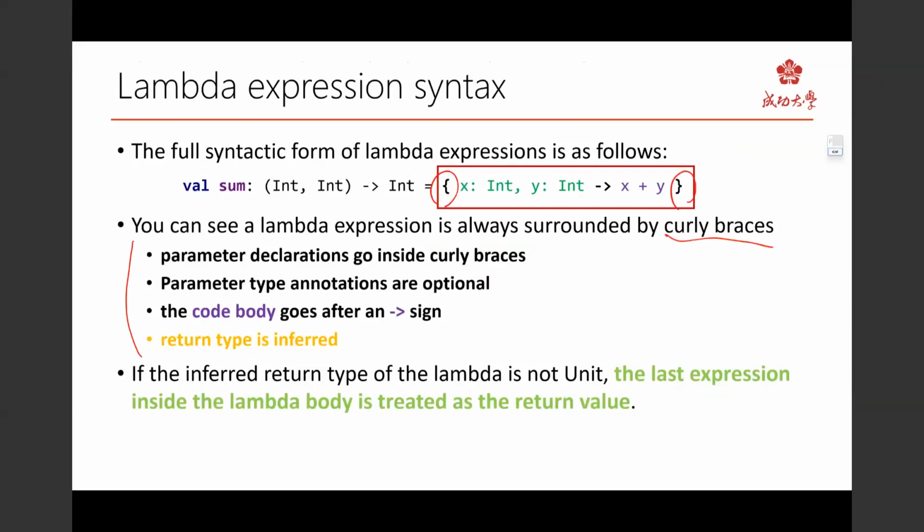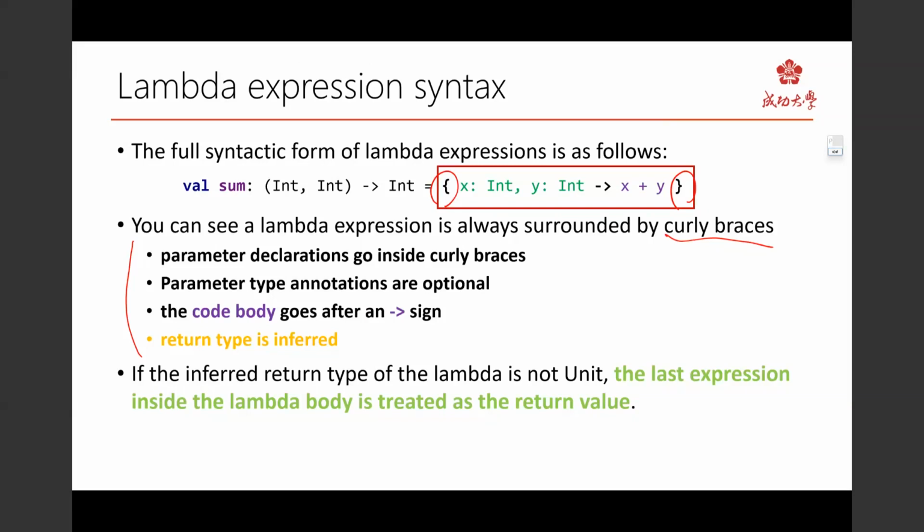So we have a pair of curly braces, and inside the curly braces, we have the parameter declarations, okay? And again, you can see that the parameter declarations follow the Pascal notation, meaning the parameter names and their data types are separated by a colon, and the parameters are separated by a comma, okay?